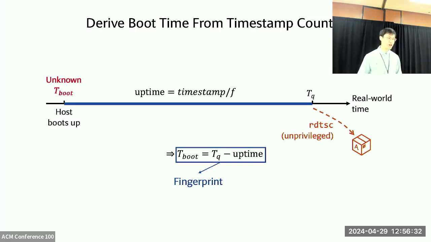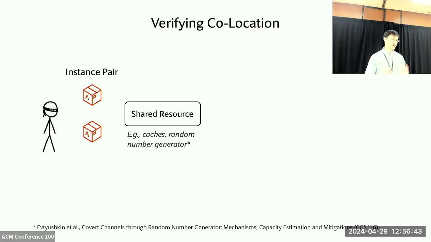Next, the question is how do we actually validate the accuracy of the fingerprint? You are going to need some ground truth on whether a pair of containers are actually co-located on the same machine or not. Well, to do that, here's a very quick idea. You can take a pair of containers and command them to put pressure on a shared resource at the same time. This shared resource can be cache or random number generator, which is what we use.